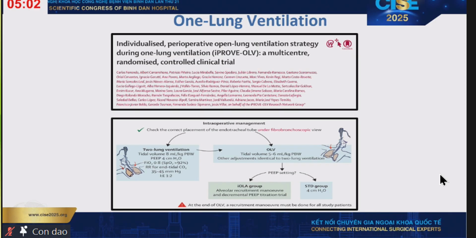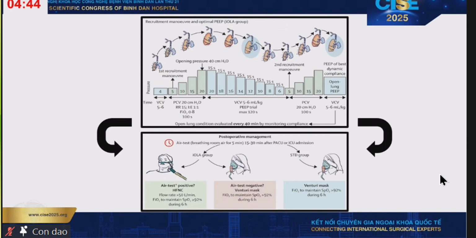In the individualized open lung approach group, there was an additional protocol for specific intraoperative ventilation management. A recruitment maneuver was performed immediately after selective ventilation was initiated, followed by the PEEP titration. The recruitment maneuver and the PEEP titration in the individualized open lung approach group are well described in this study.